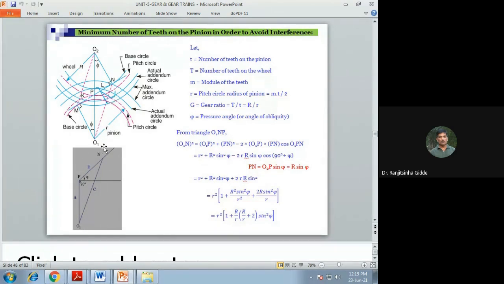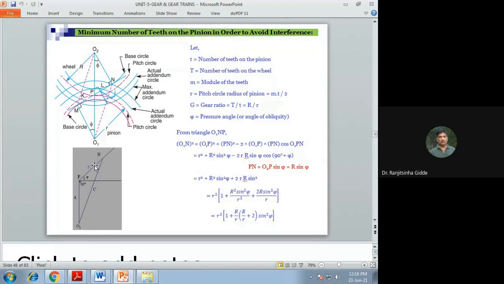For that, we need to consider this triangle, O1P1, which is drawn separately. Now this side as a, this side as c, and this side as b. So you need to use the cosine rule.